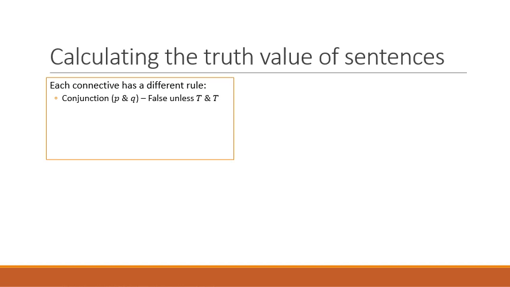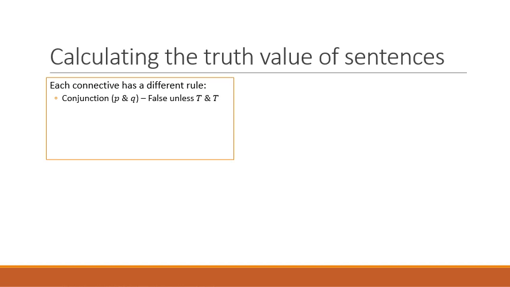The way the rule works for conjunction is that conjunctions, these and sentences, are usually false. Just the meaning of the word and is such that unless both of the conjuncts are true, the whole thing is going to turn out to be false.